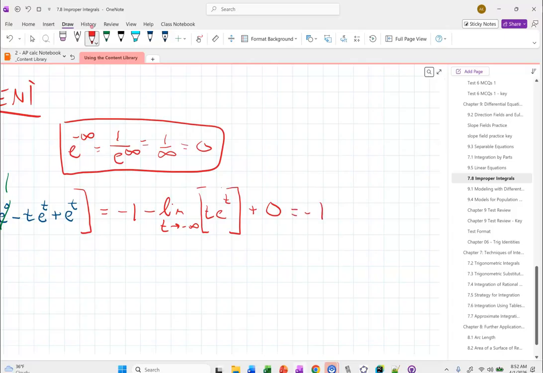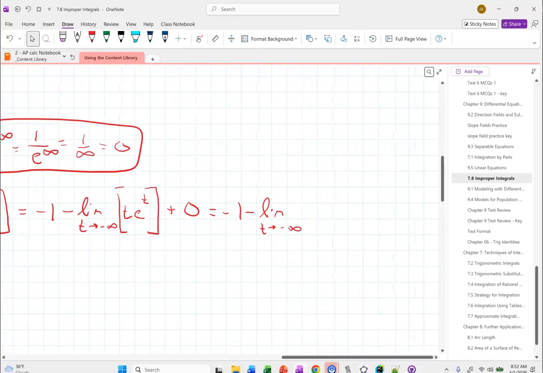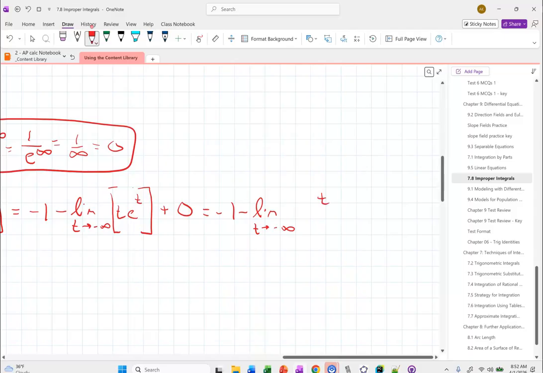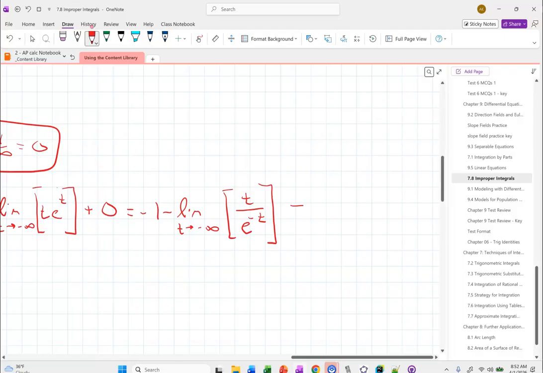What I would do to make this a fraction would be to rewrite the exponential piece with a negative exponent. Is everybody okay with what I did there? We see it's still the same thing. Okay. Now we can do L'Hopital.